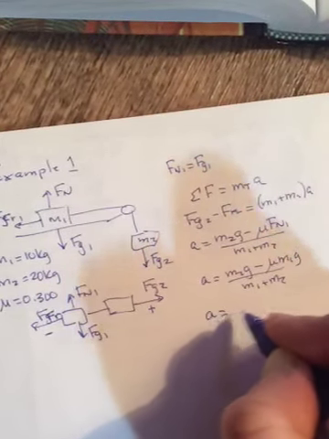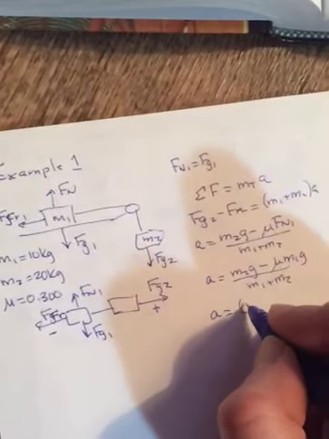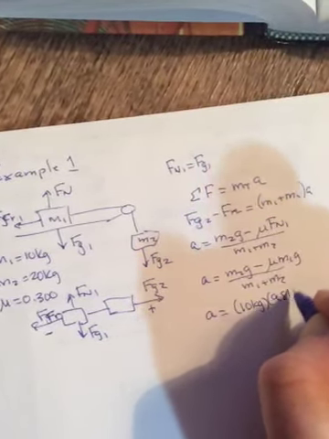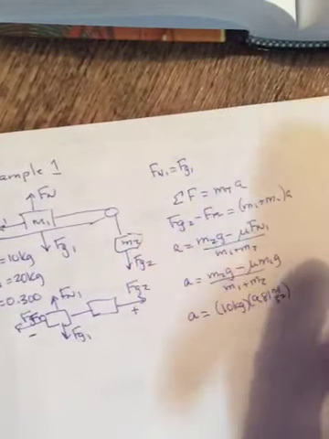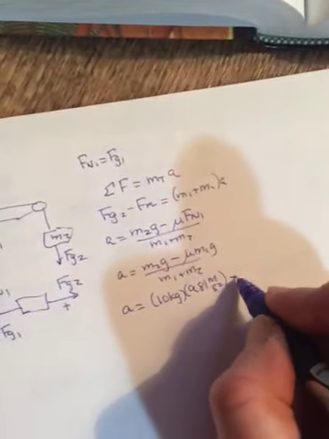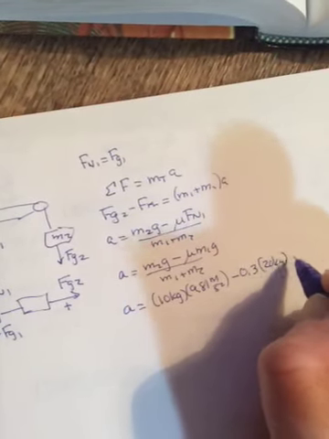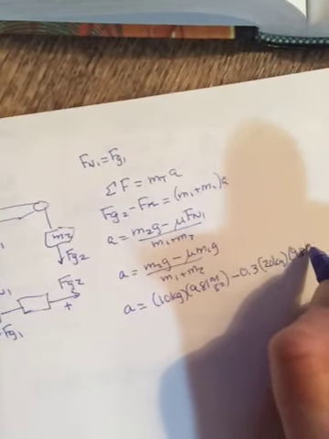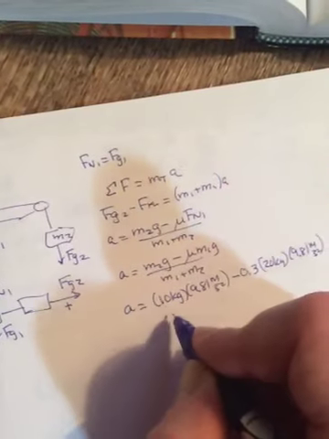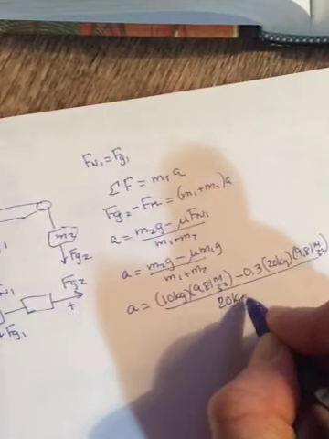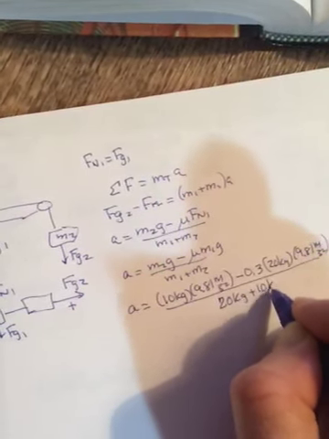And so now fill in your numbers. M2 was 10 kilograms times 9.81 meters per second squared minus 0.3 times 20 kilograms times 9.81 meters per second squared divided by 20 kilograms plus 10 kilograms.